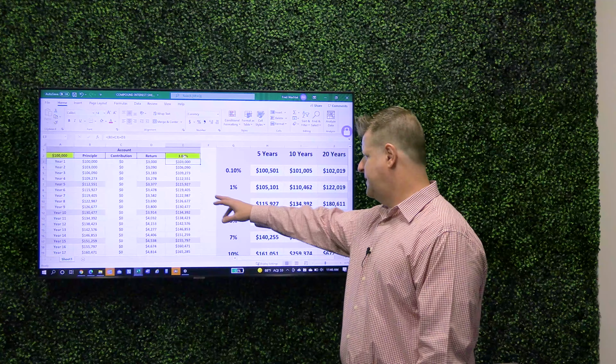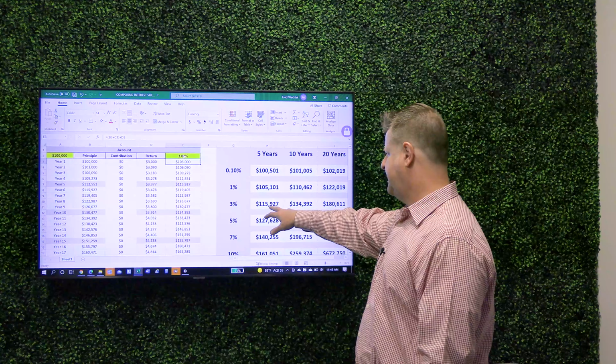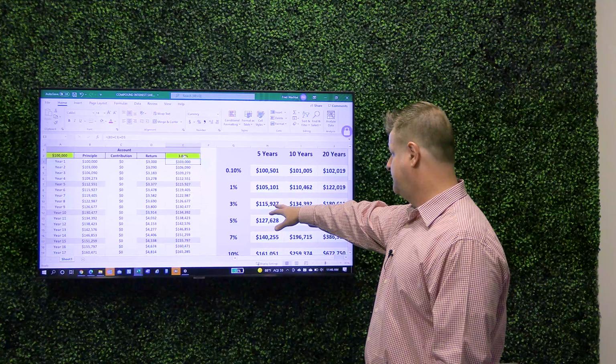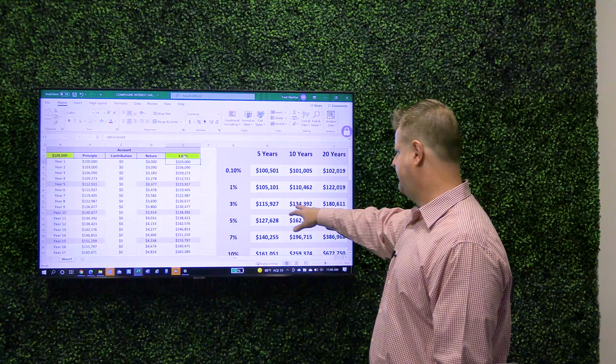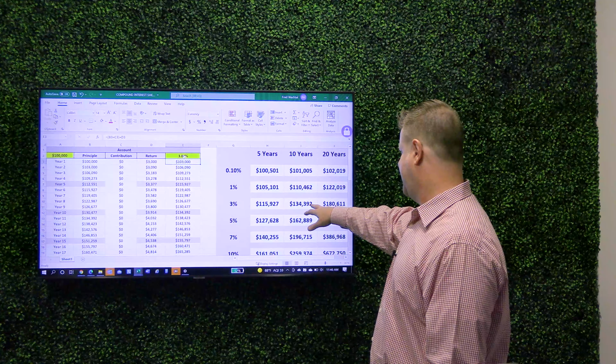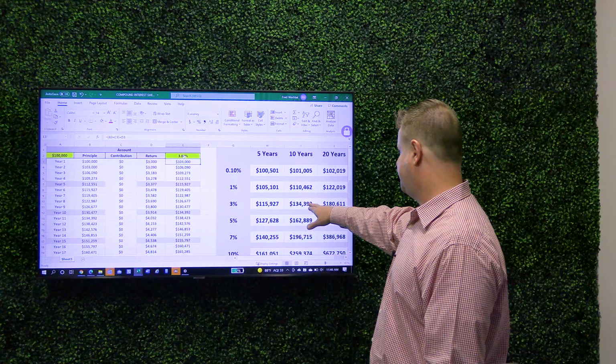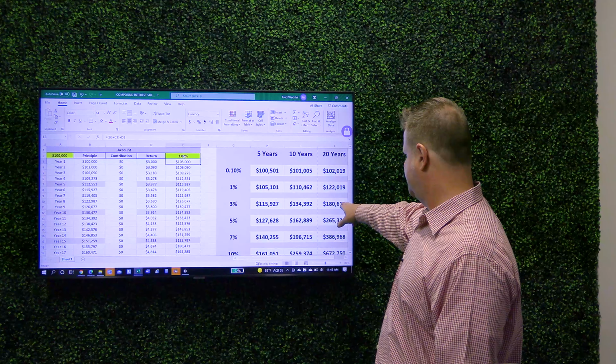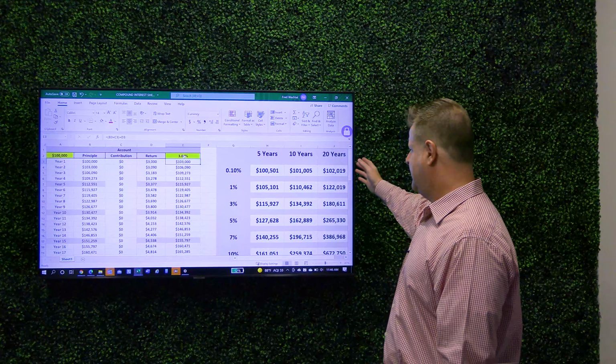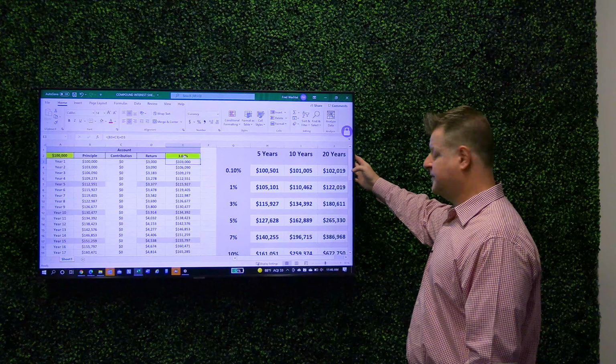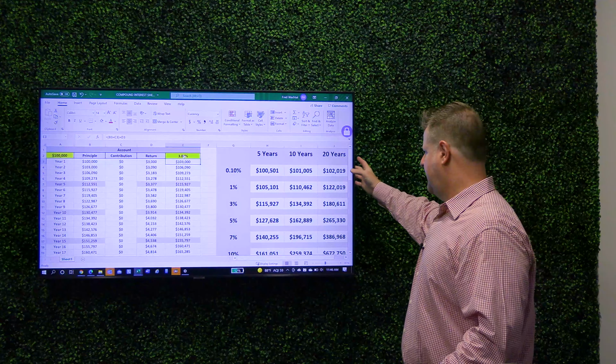If you go to 3%, you could see now there's a big difference. You've made 10,000 more in 5 years, almost 25,000 in 10 years, and almost another 60,000 in 20 years. So you could see sitting in money market for 20 years, which some people do, 2,000.